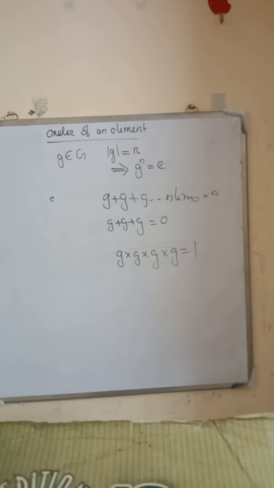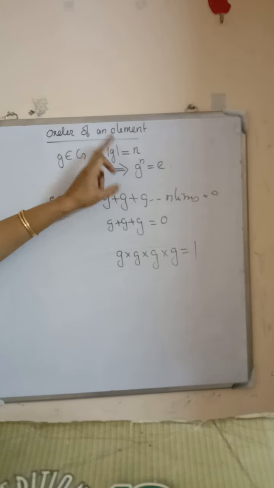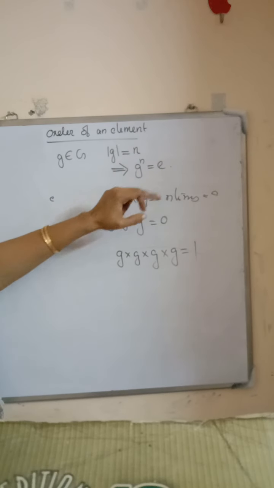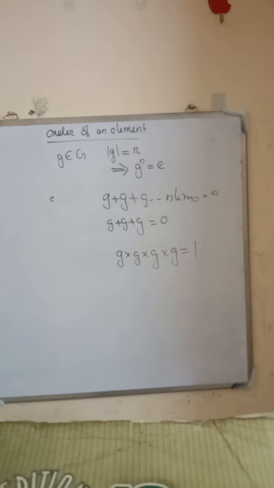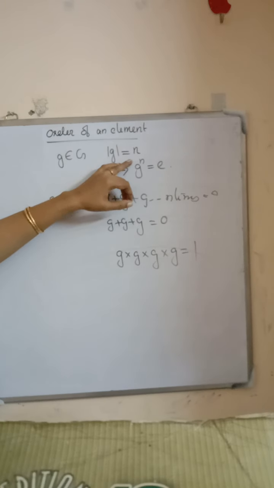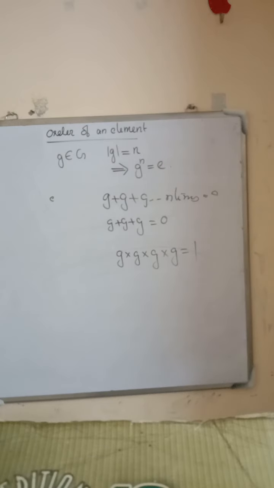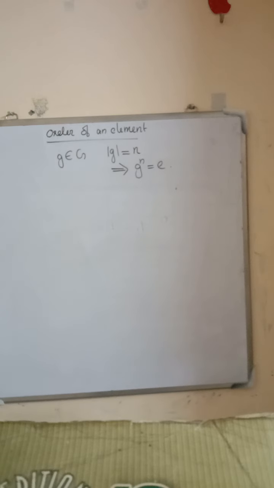So the definition means that if we operate an element n times and we get the identity element in that group, then the order of g is n. Consider the other examples.